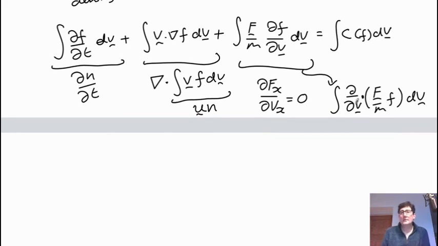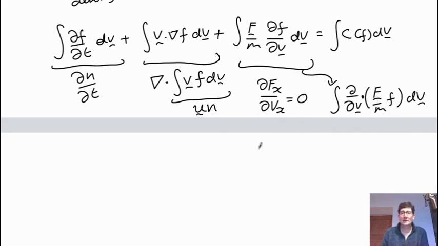And now this term is essentially like a volume integral, except rather than labeling it space, we've labeled it v, but it's a triple integral, a volume integral over a divergence. And so we can just use Stokes' theorem, so this becomes a surface integral over this part here, a surface integral as velocity goes to infinity. And so this part goes to 0 when velocity goes to infinity, because the distribution function goes to 0.